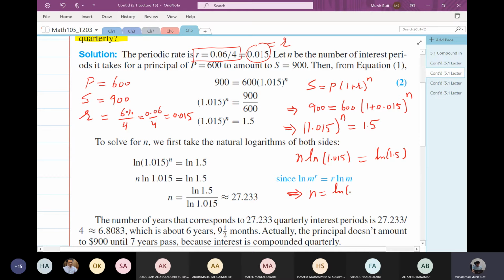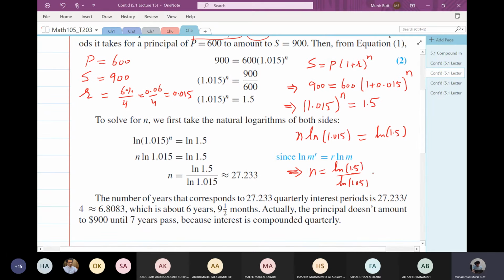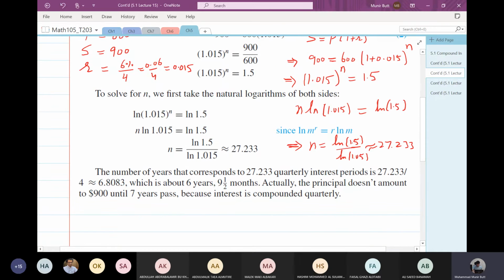It will be ln of 1.5 divided by ln of 1.015, and when you compute, the answer is approximately 27 point. Hence 27.23 quarters will be needed.